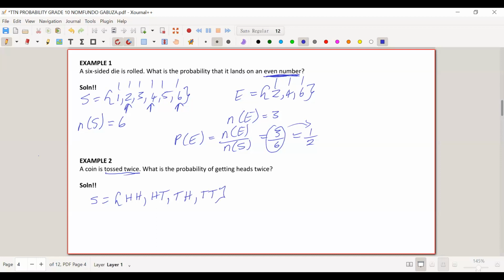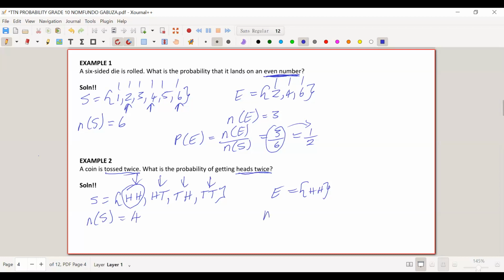So what is the probability of getting heads twice? Which means our event, we are only interested in getting heads twice, which means we are only interested in this part over here. So the size of this sample space is going to be 1, 2, 3, and 4, which means the size is 4.